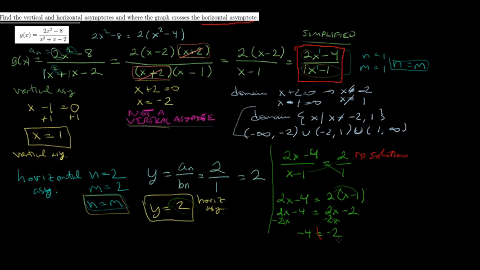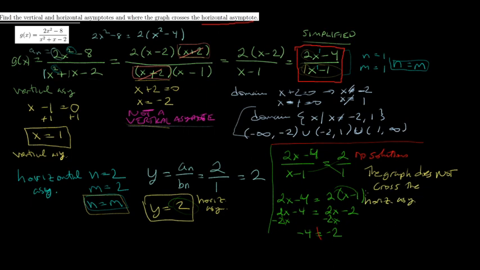So the conclusion: remember the question was, where does the graph cross the horizontal asymptote? In this case, we can say definitively that the graph does not cross the horizontal asymptote. So where does it cross it?